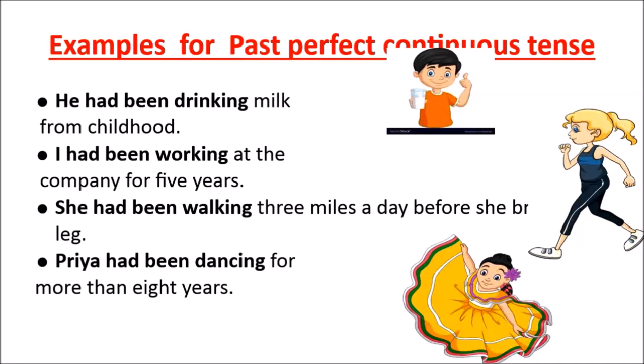But before that, she used to walk daily in the morning. So, that is what they are referring to here. Understand? So, look at the next example. Priya had been dancing for more than 8 years. So, Priya started dancing at some point of time in the past, and it was a continuous process, and it ended at some point of time in the past. Okay?